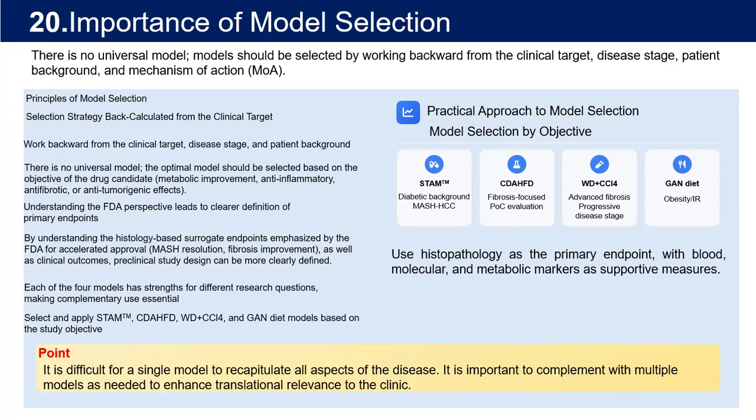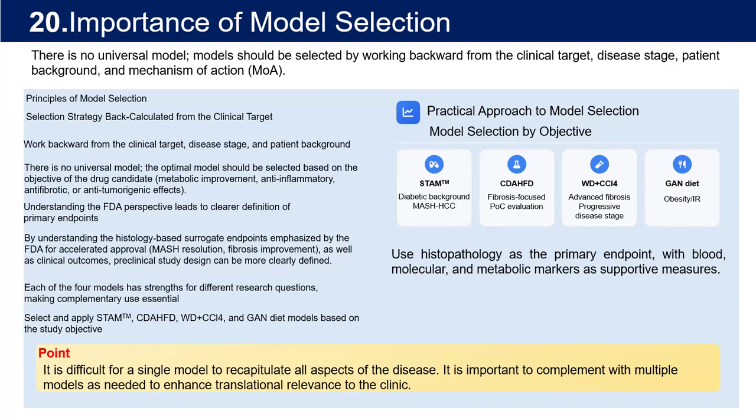Furthermore, understanding the endpoints required by the FDA, namely both surrogate endpoints and clinical outcomes, will clearly clarify the design of preclinical evaluation. Models such as STAM, CDA-HFD, Western diet plus CCL4, and perhaps the GAN diet model each have strengths for addressing different research questions.